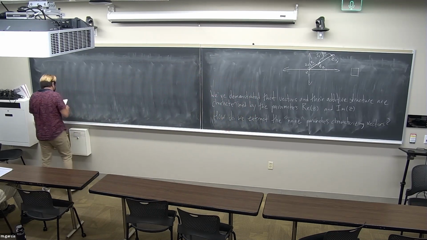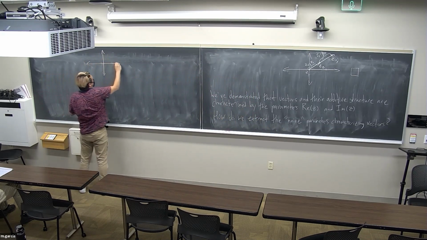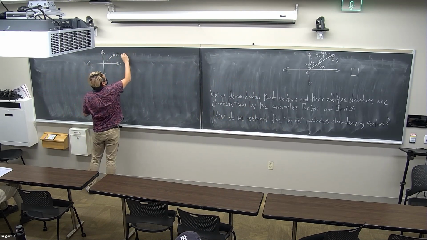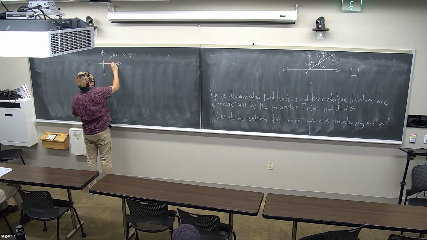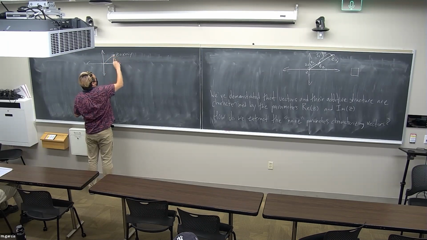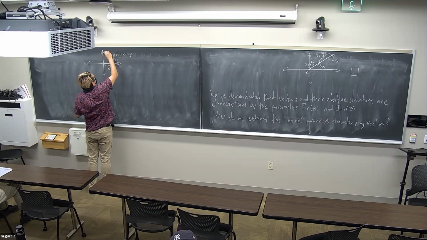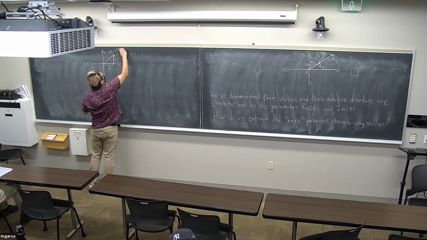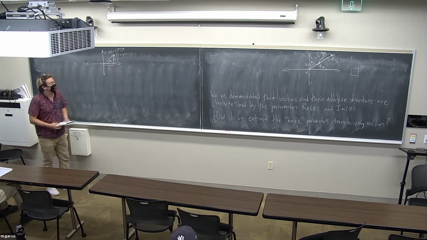Well, let's make yet another picture. So here's some complex number, Z equal to X plus iY. I have Y here, X here, and we have what we'll call R equal to the modulus of Z, which is equal to the square root of X squared plus Y squared, and the angle theta.